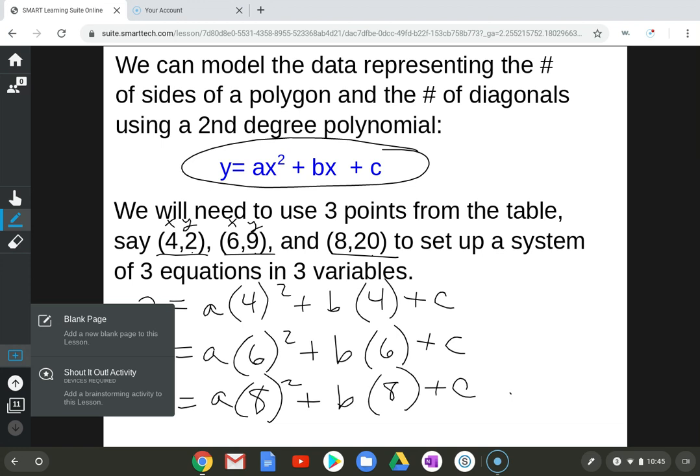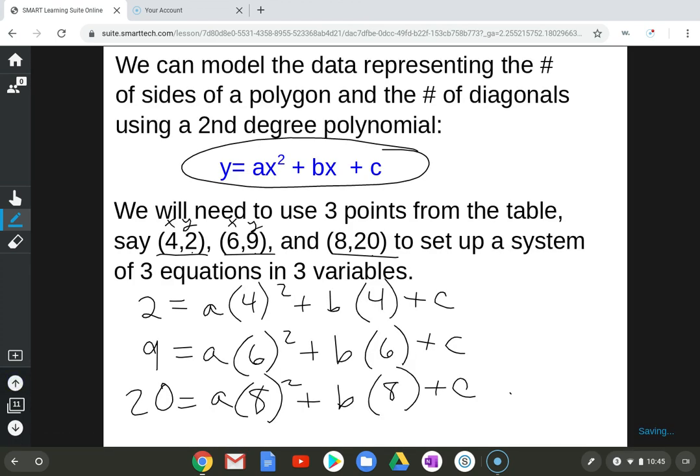So blank page. So here's what we have. So we have 2 equals 16a plus 4b plus c. Let's make sure I'm using the right letters here. I'm going to back up and look at my next point.